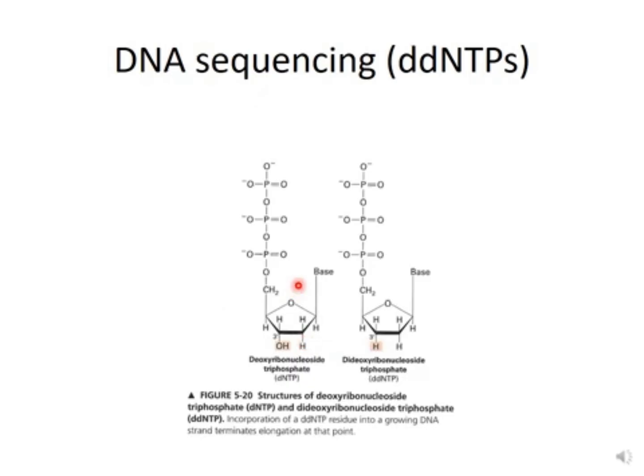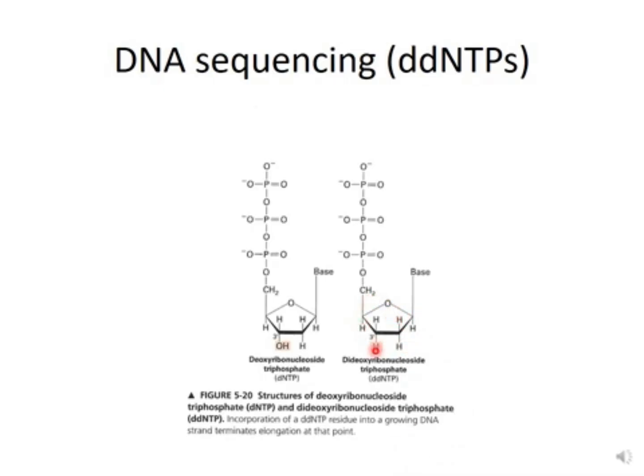In DNA sequencing, we use a special type of base, a dideoxyribonucleoside, where not only the oxygen on the second carbon is missing, but also the oxygen on the third carbon is missing. If the oxygen on this third carbon is missing, that would prevent the formation of a phosphodiester bond later on, because as you know, this is where the following base is going to bind.